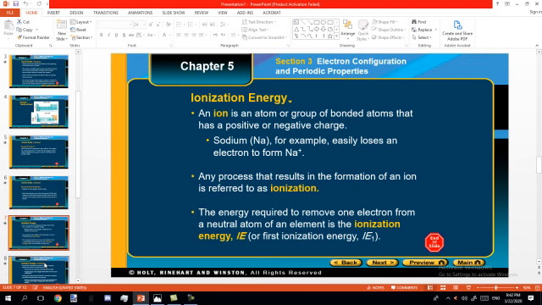You lost the second electron and now you want to remove the third electron, so you have to exert more and more energy. So take care, the first ionization energy, the energy to remove the first electron, will be less than the second ionization, the third ionization, and so on. As you remove more and more electrons from the same atom, you will need more and more energy.